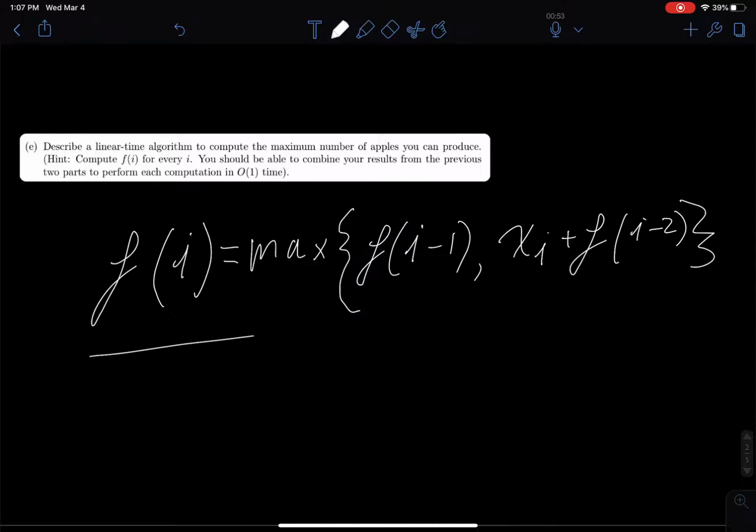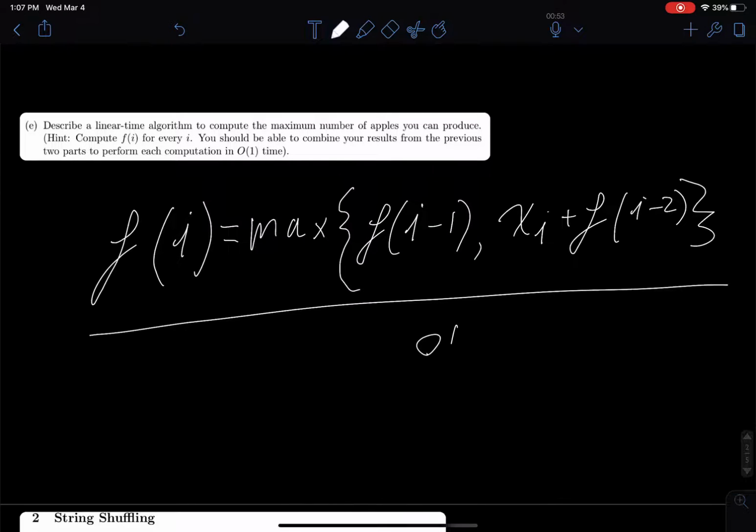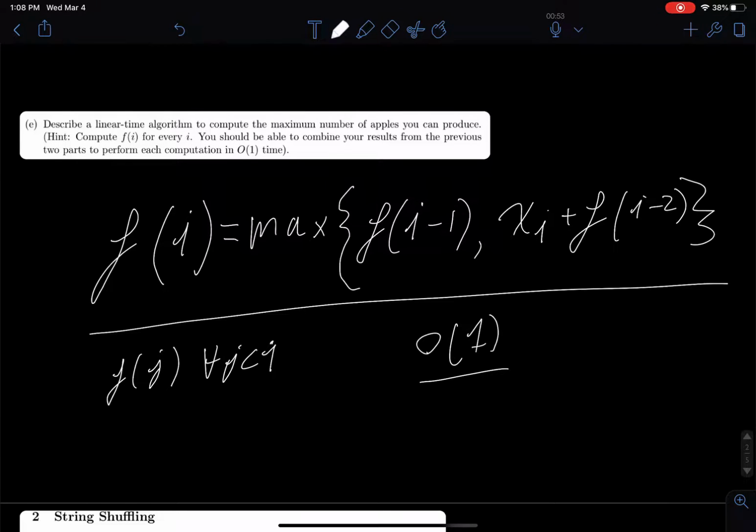And this function is constant time to compute. Given that we already know f_j for all j less than i, this is exactly 3 operations, an addition and then a comparison and an assignment in order to get the value of f_i. This achieves the desired constant time for each step.